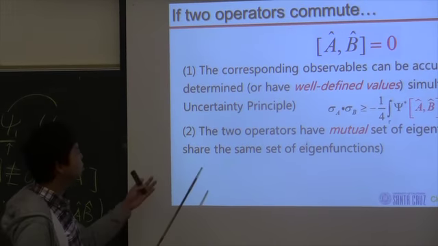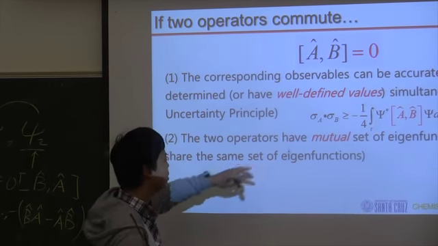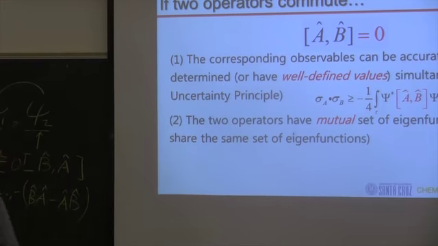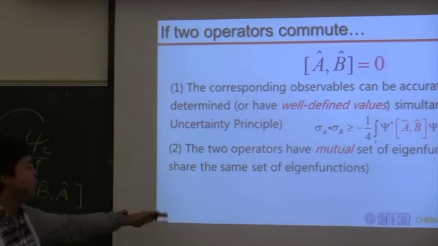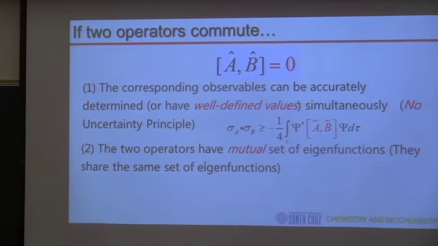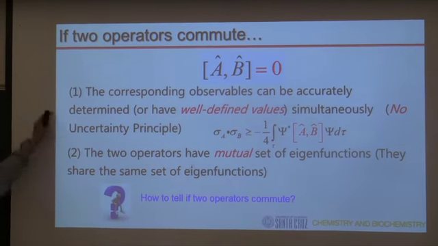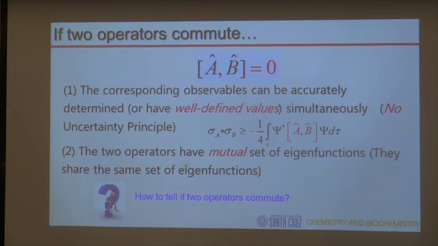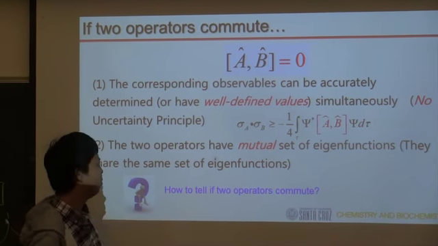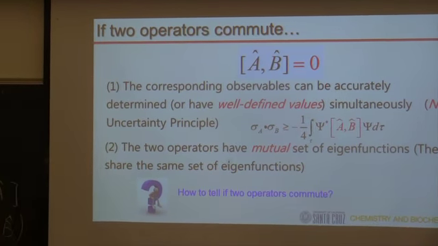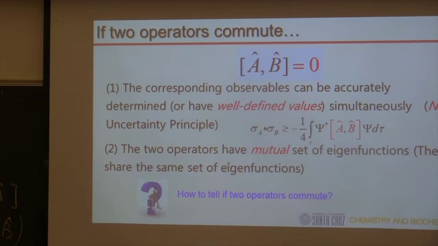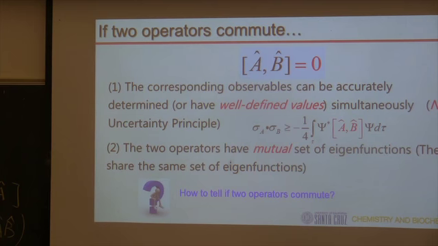The second conclusion is that the two operators have a mutual set of eigenfunctions, which simply means they share the same set of eigenfunctions. We know those are really important, but how do we tell if two operators commute? One way is based on what we learned before, but let's say we change to another operator and we don't know.